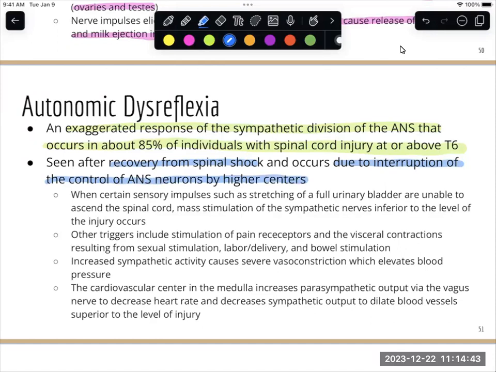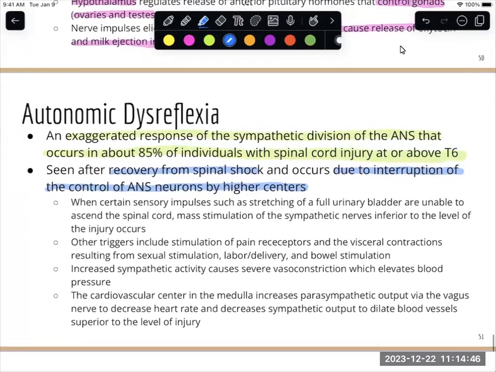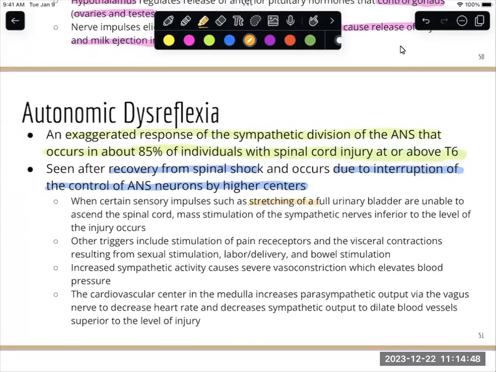So when sensory impulses, such as that stretching of a full bladder, are unable to go up the spinal cord to the brain to let you know that you need to urinate, and pain receptors in the visceral organs from sexual stimulation, labor, delivery, and bowel stimulation cannot make it to the brain, we get increased sympathetic activity that causes vasoconstriction that increases blood pressure.